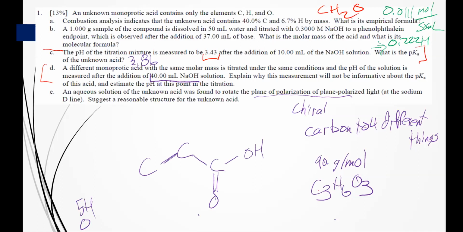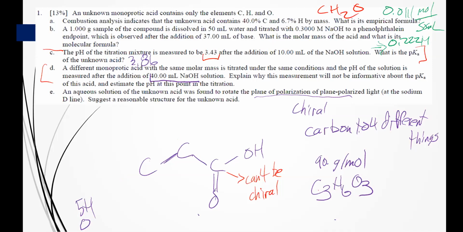Now, this carbon here, the carboxylic acid one, can't be chiral because it only has 3 groups. So it has to be either this one or this one that's going to be our chiral center. The one at the very end can almost never be the chiral center because it's connected to a lot of hydrogens, since it's at the end.